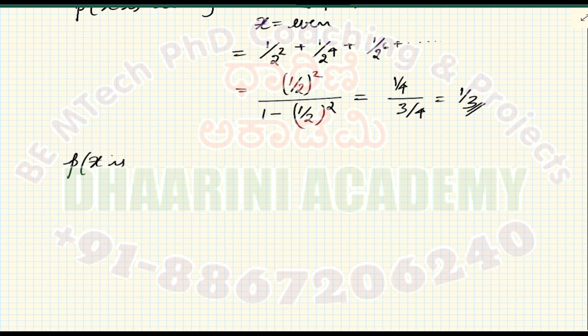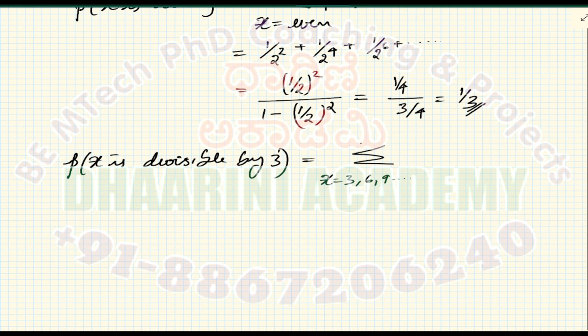So once again I write x taking a value 3, 6, 9 dot dot dot till infinity. It is 2 to the minus x. So this means it has to be 1 over 2 cube plus 1 over 2 power 6 plus 1 over 2 to the 9 and so on.